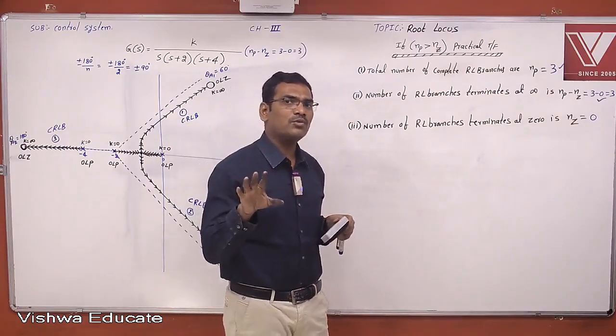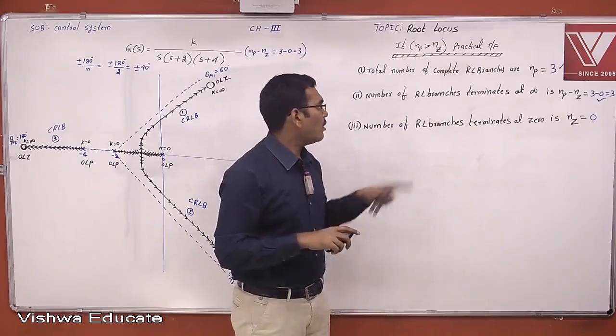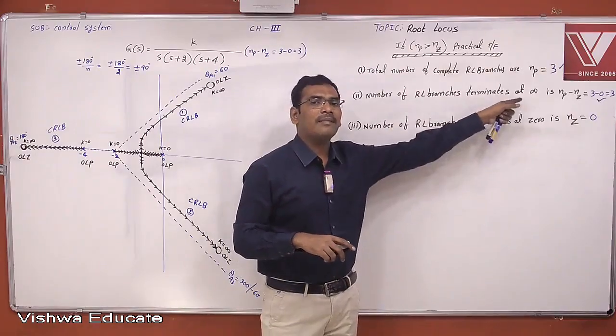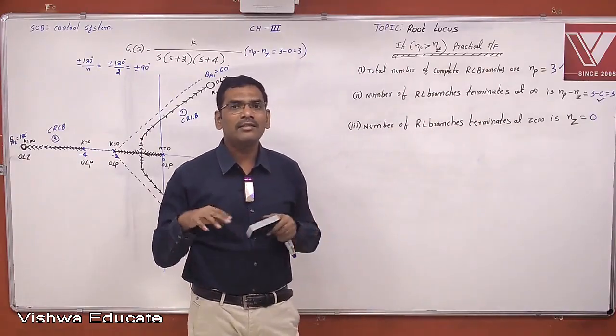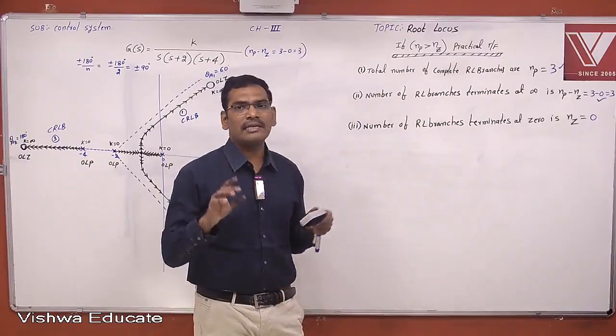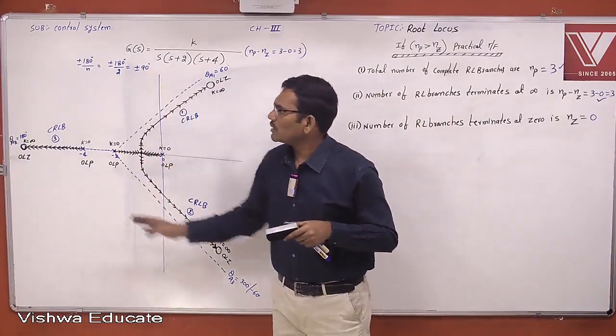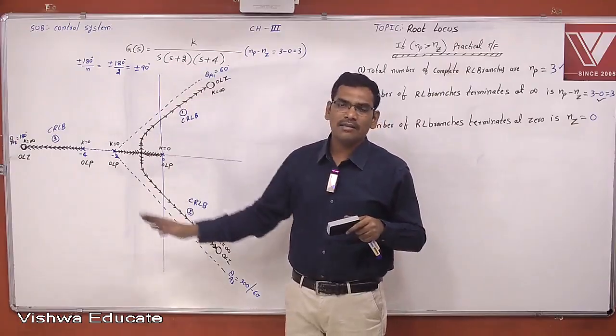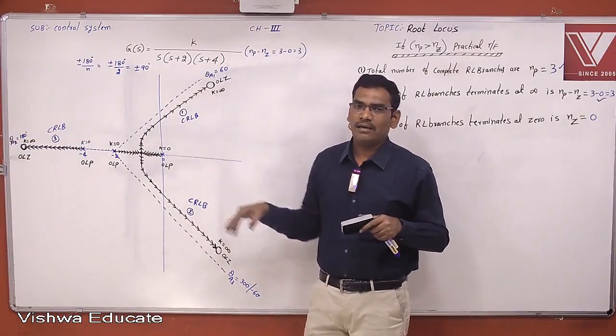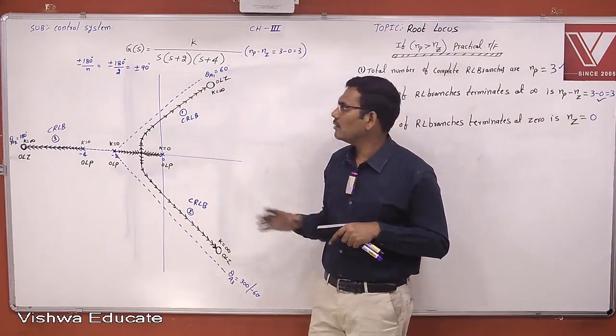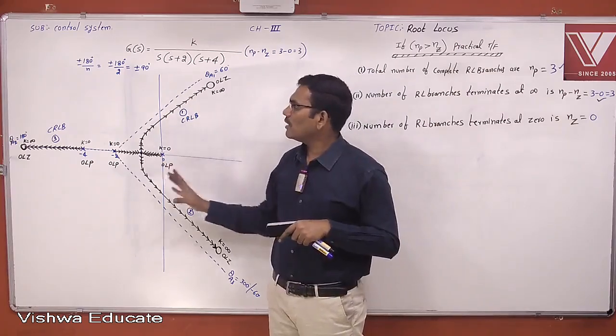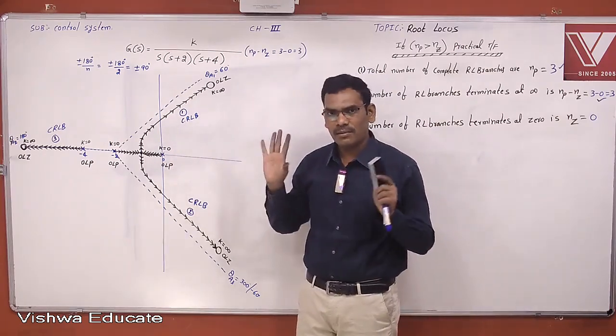Option 2, with 2 branches terminating, is wrong. Option 3, with 3 branches terminating, may be correct. Like that you can analyze and get the answer without drawing the root locus diagram, without remembering all the rules of root locus drawing. Understand or not? This is the way to draw the root locus diagram, for n number of problems, the same procedure.